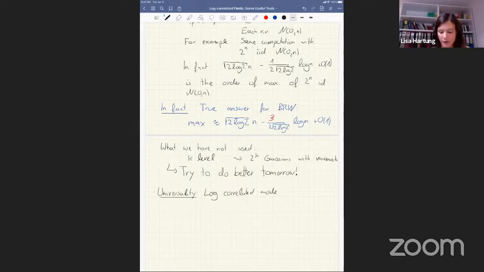if you look at the corresponding IID setup, so you match the variances and you match the number of random variables that you need, then the maxima differ. So the maxima have the same first term.